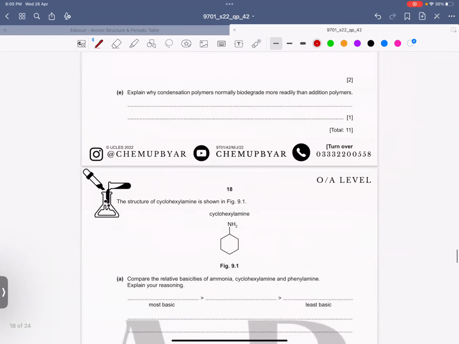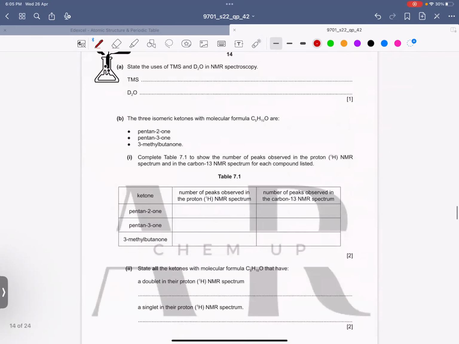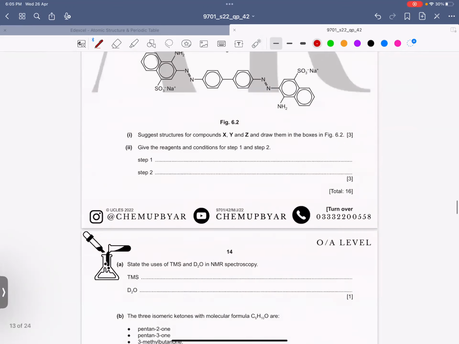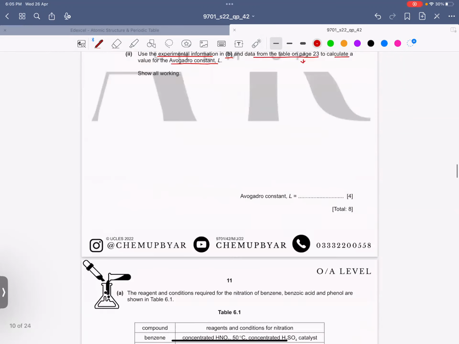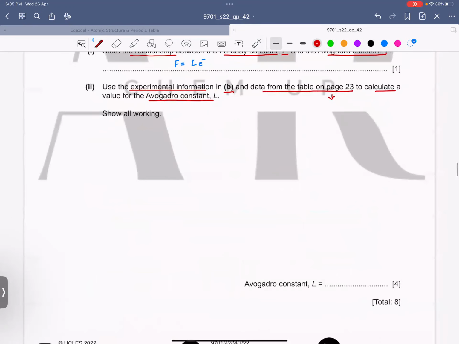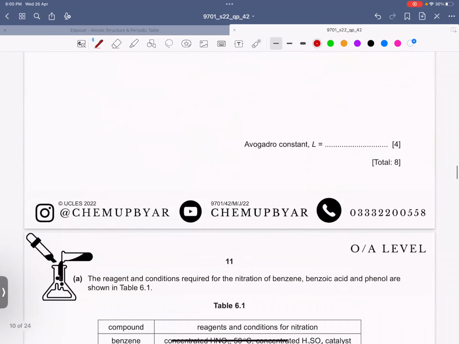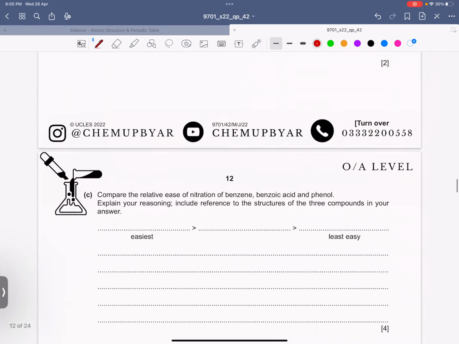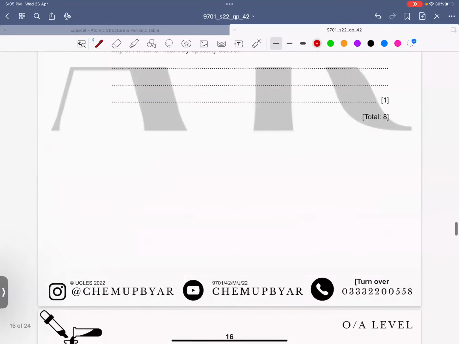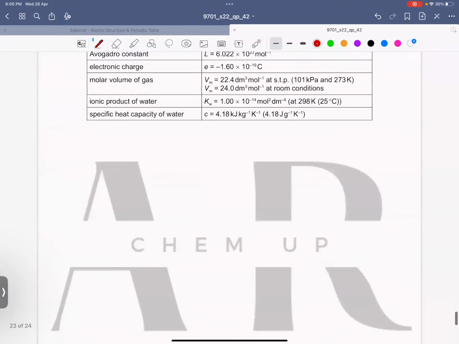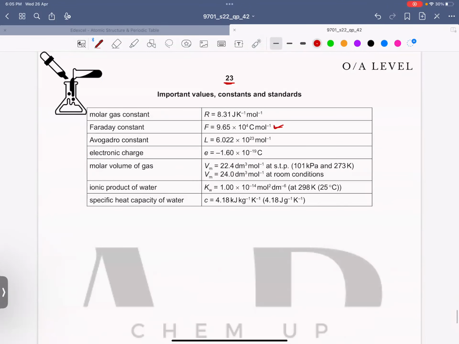Let's check whether we are able to use this value or not. No, one minute. If you recall, I have taught you that whenever we use this expression, we don't use the constant, but we calculate that constant. So the value that we are going to use from the table is the charge of one electron, which is also on page number 23, and here it is. So not this one, but this one.